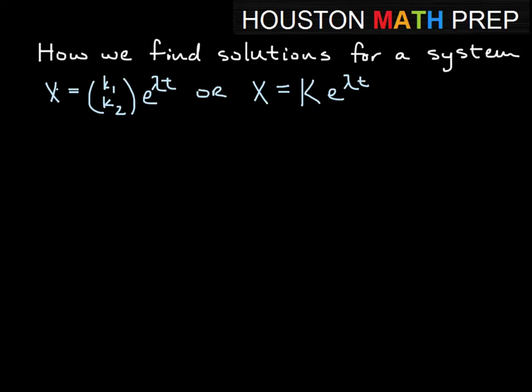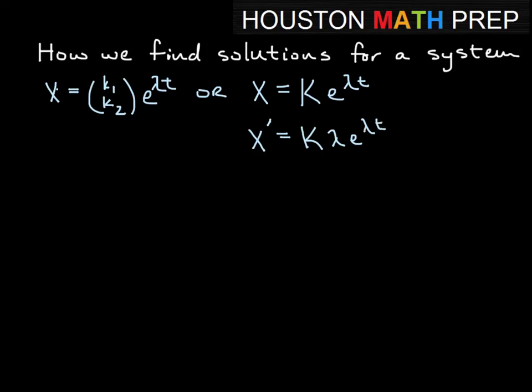And if we think about what the derivative of x would be, in other words x prime, the k's are just our constants, so we would keep those. And when we take the derivative of e to the lambda t, the chain rule would give us a multiple lambda coming out front, e to the lambda t.